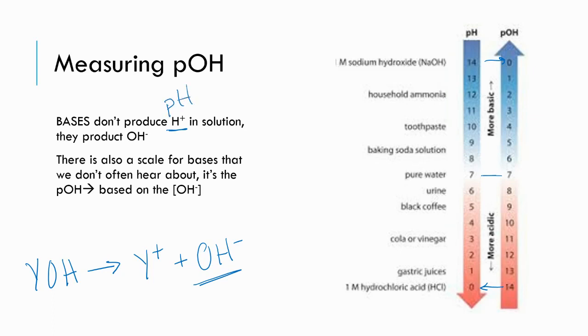So we have to have something called pOH that allows us to quantify how basic something is. Now again, acids can go right to the pH scale. Bases have to do a little extra work to get to the pH scale. They are not going to be able to get there as easily as acids.